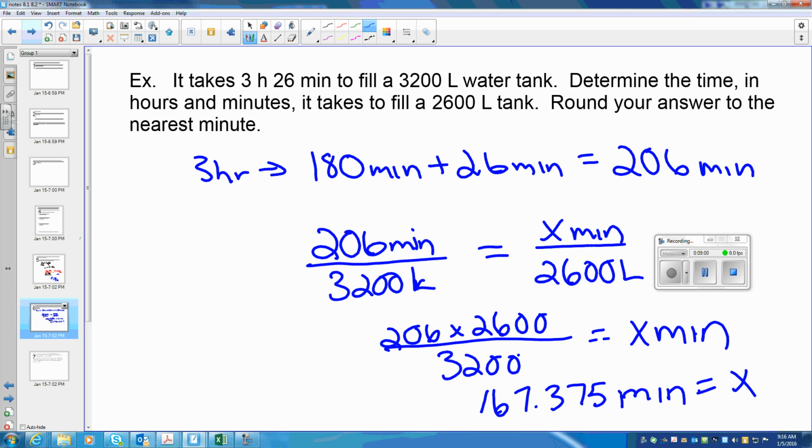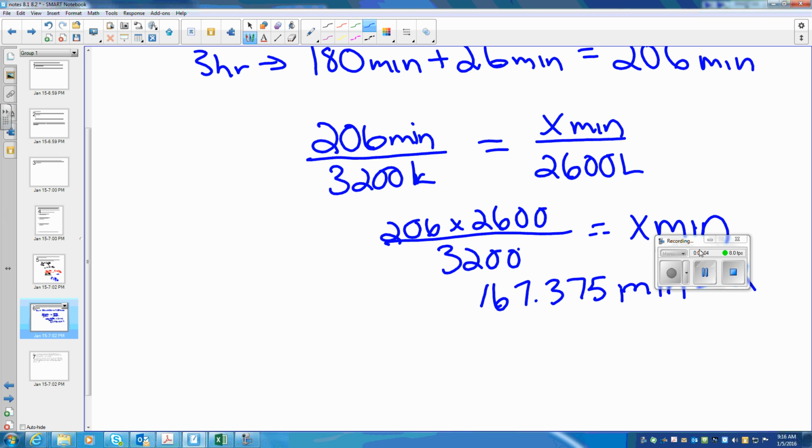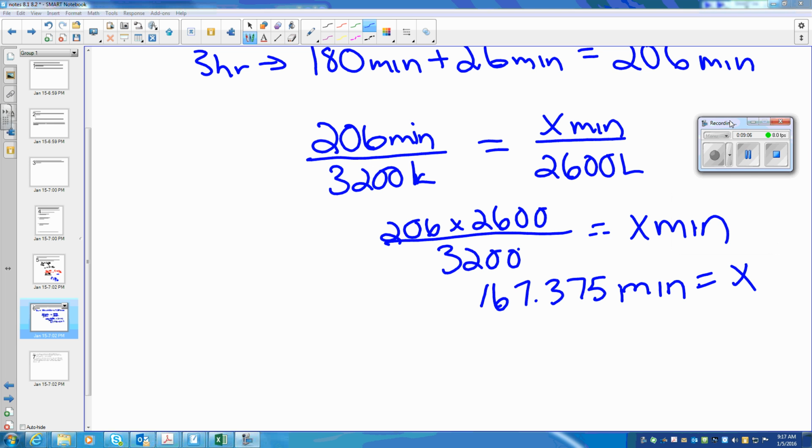Okay. Is everyone okay there? Okay. Now, we've got 167 minutes, basically, because it says to round to the nearest minute. But does it want its answer only in minutes, or does it want it in hours and minutes?